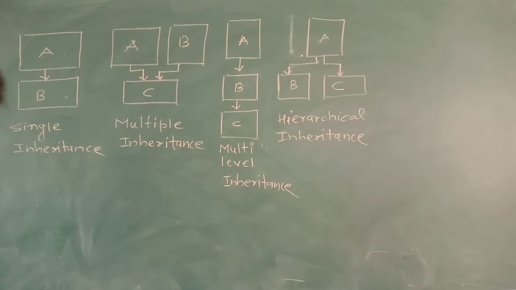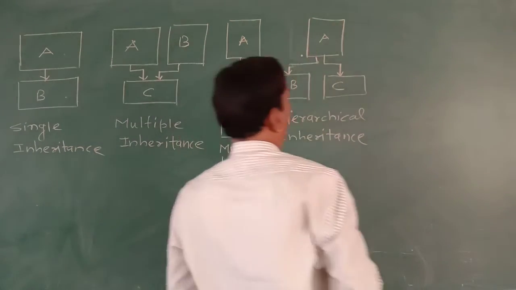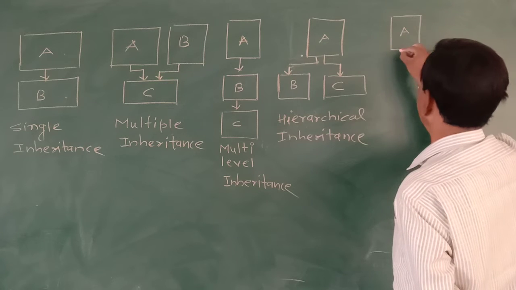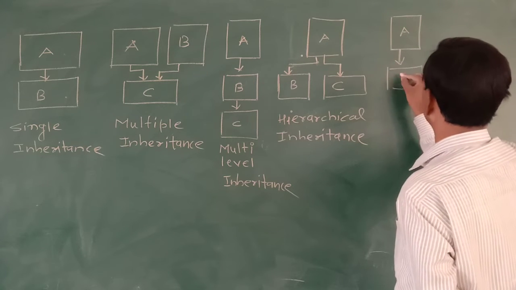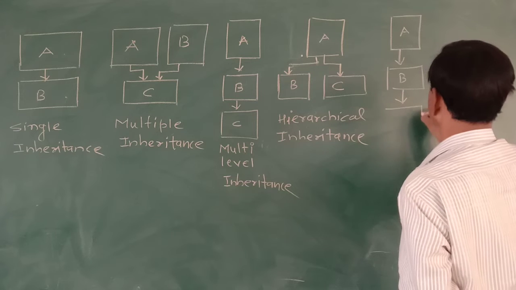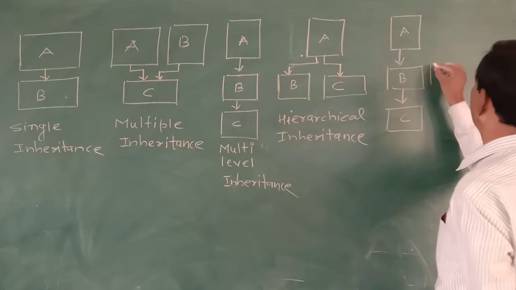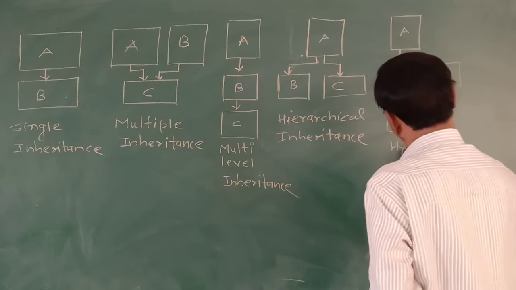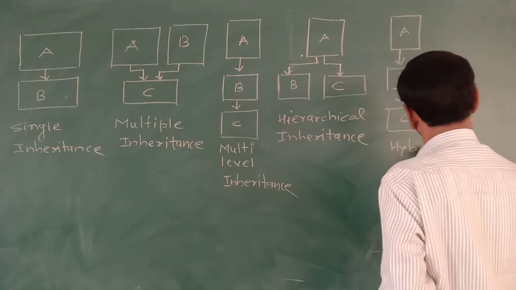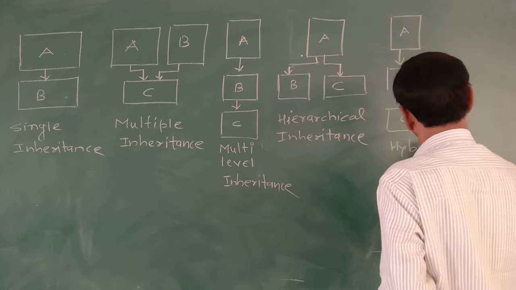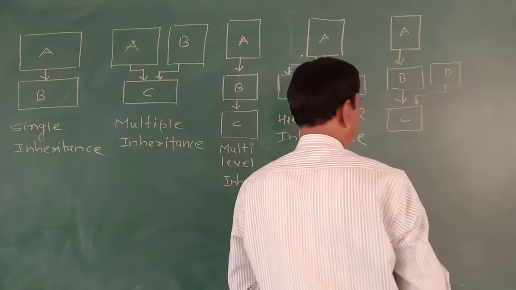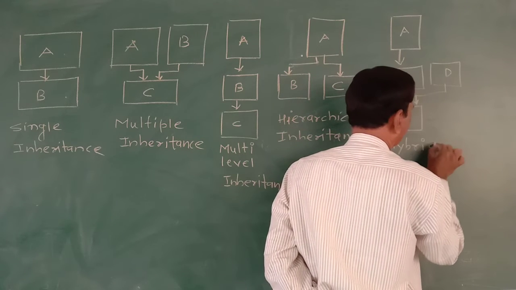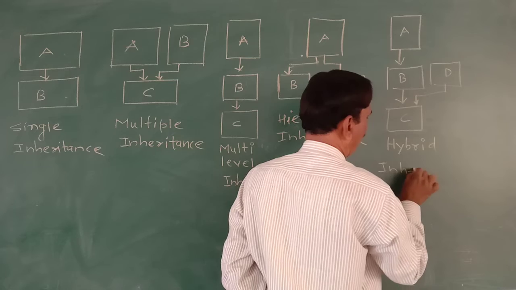You see, here class A inherits to class B, class B inherits to class C. There is one more class D. This is called hybrid inheritance.